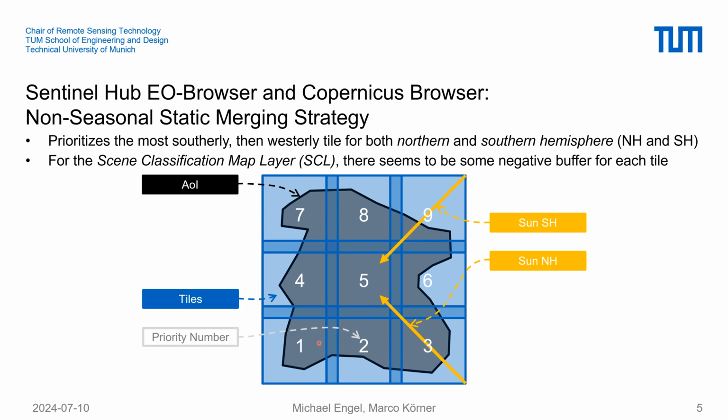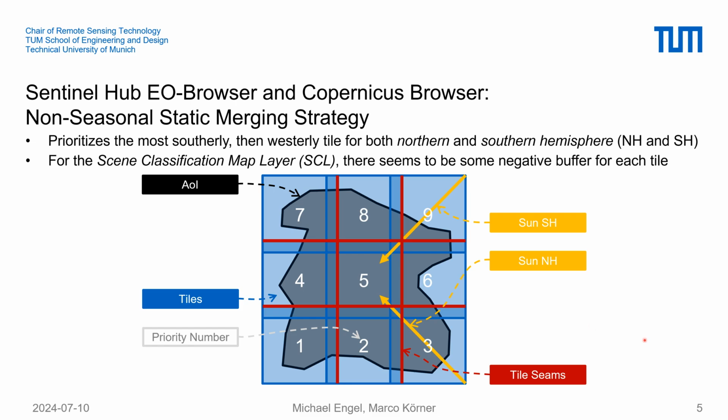It's clear that we start with the first tile to the lower left, so the most southwest tile. Then the second tile has to be the one to the right, as it's more southerly than the one above. And as we continue like that, a certain pattern of seams in between the tiles emerges.